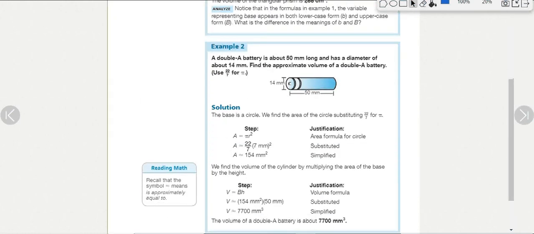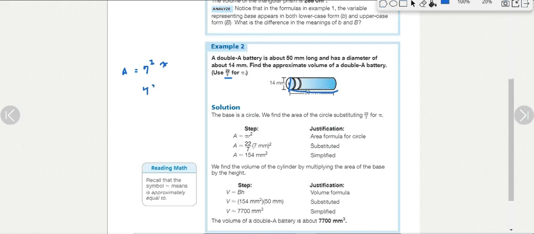Now let's find the capacity of a AA battery. They measured them for us. They differ a little bit, but normally they're about 14 millimeters across, 5 millimeters back, or height, or whatever you want to say. Use 22/7 for pi. All right. So to find area of a circle, we take the radius squared times pi. We need that first.